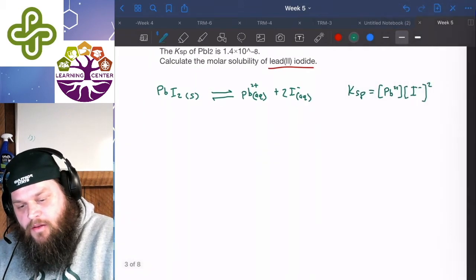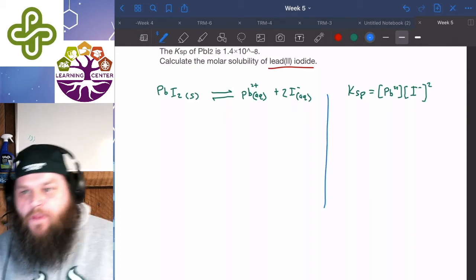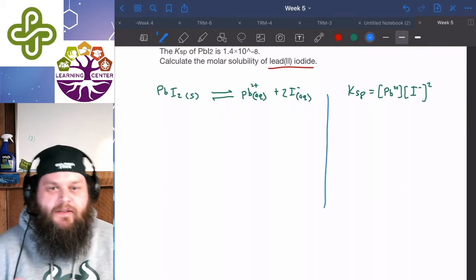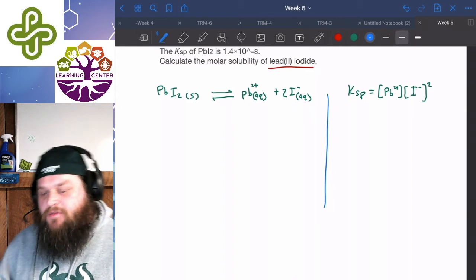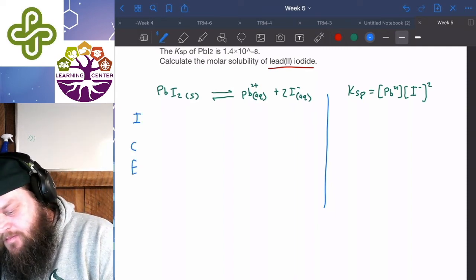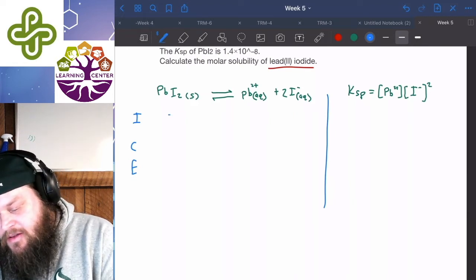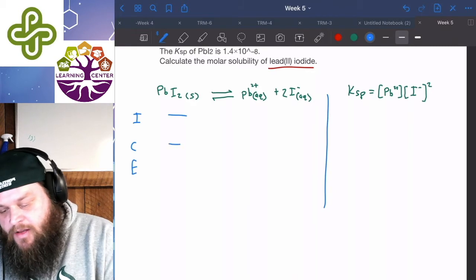And we can determine what that is going to be using the ICE table, just like we did with our acid-base chemistry. So using an ICE table, we know the initial concentration of all of these. For the solid, it never matters.